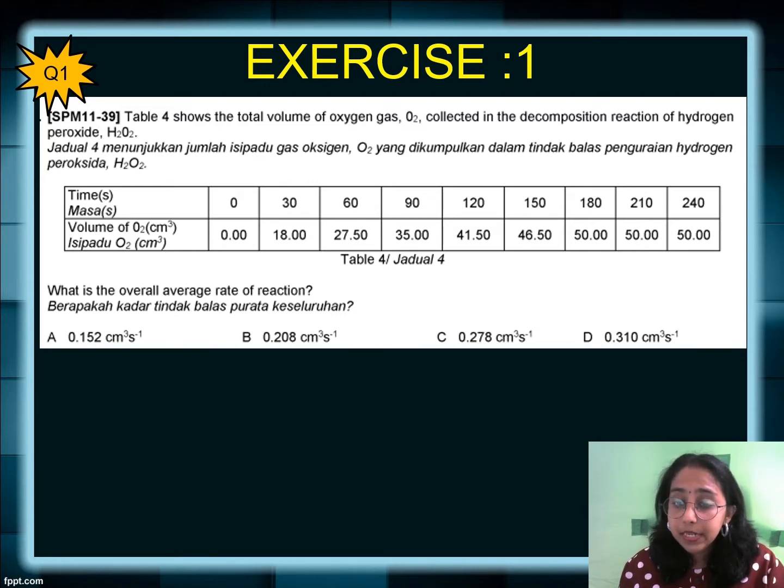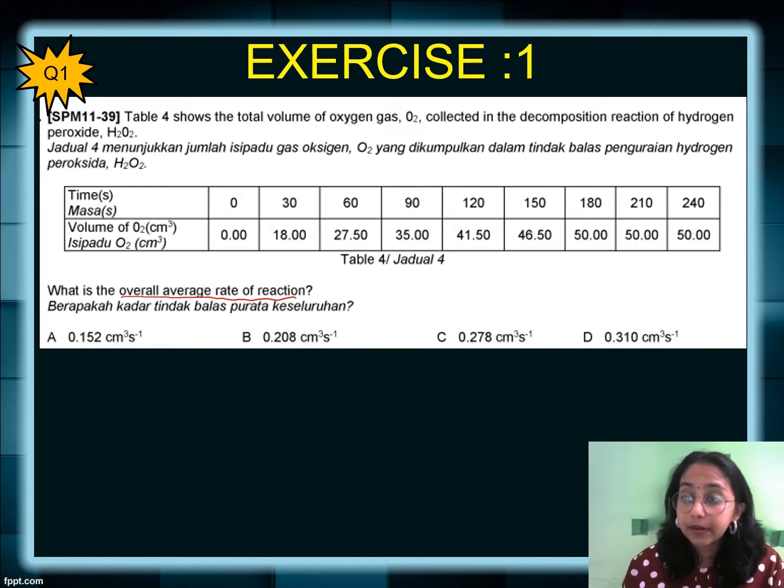Now, what is the overall average rate of reaction? So, what's the keyword? Students, when you read your questions, kindly please highlight the keyword, overall average rate of reaction. So, the moment you see the word average, then you should know already, you no need to draw the graph. With the data table, you're able to proceed with the calculation for average rate of reactions.